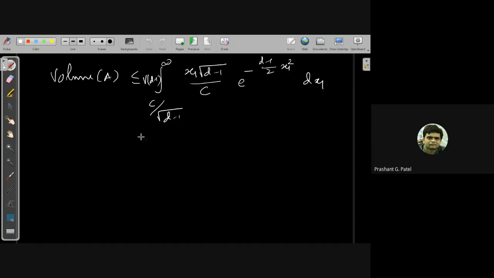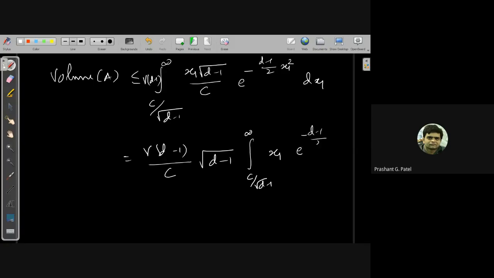Now this v of D minus 1 divided by C into square root of D minus 1 is independent of x1. Then the integral from C by square root of D minus 1 to infinity of x1 into e power minus (D minus 1) by 2 x1 square dx1 is there.